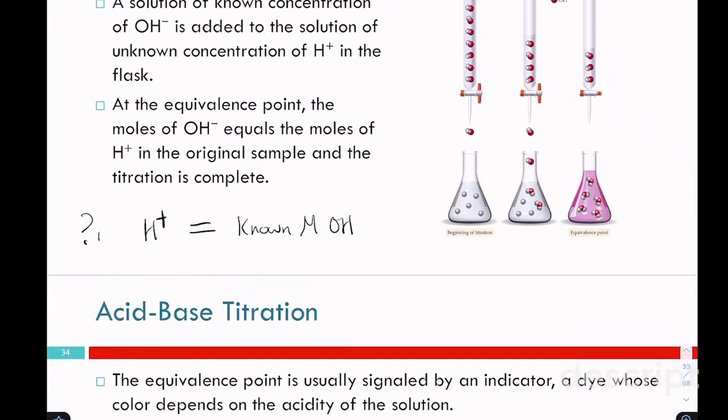Sorry, there should be some unknown number of moles of H plus, known number of moles of OH minus. Because when the number of moles of H plus is equal to the number of moles of OH minus, that's the equivalence point. And it's important to hear that it's moles, because the concentration during the titration doesn't really matter.